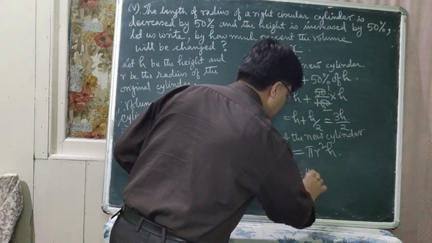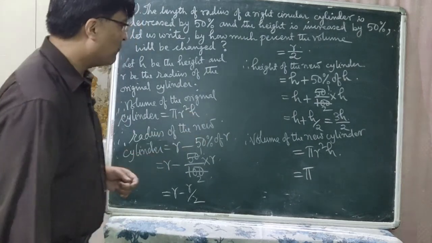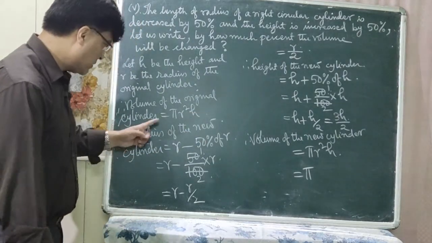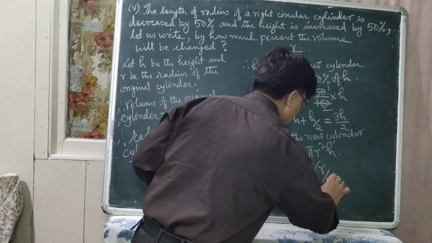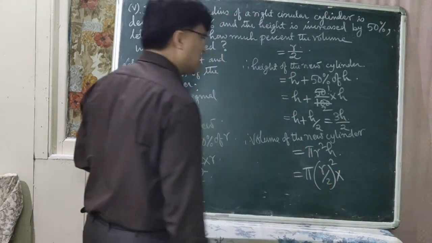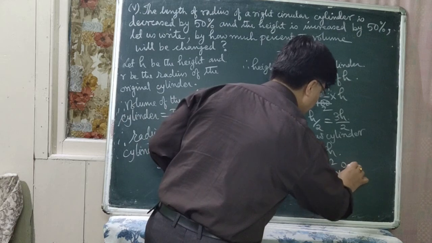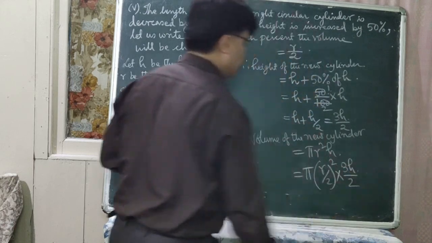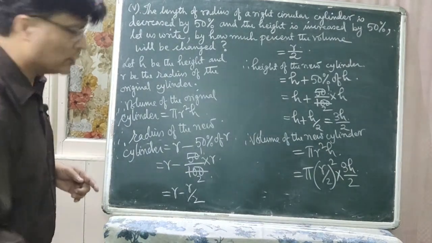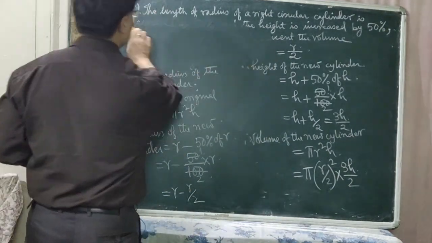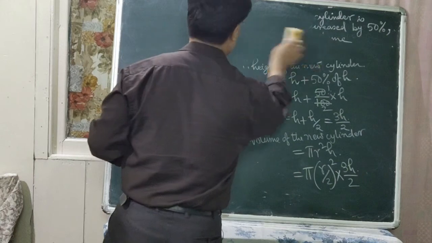Pi is constant, it remains as it is. What is the value of r for the new cylinder? Radius of the new cylinder is r by 2. So this is your r by 2 whole square into, what is h? Here h is 3h upon 2. So I think you have understood it. Okay. So now let us simplify it.